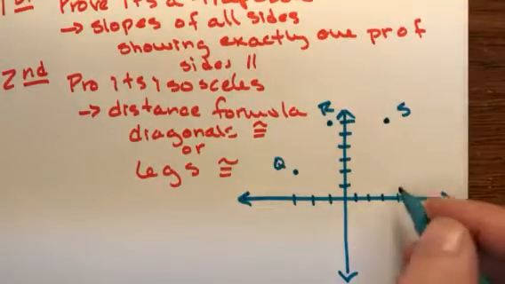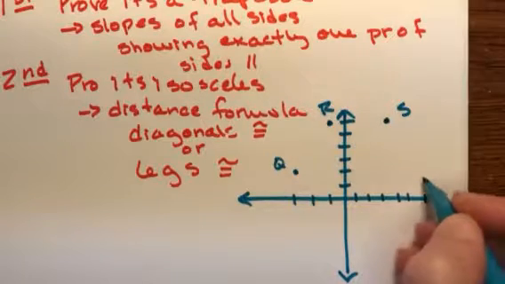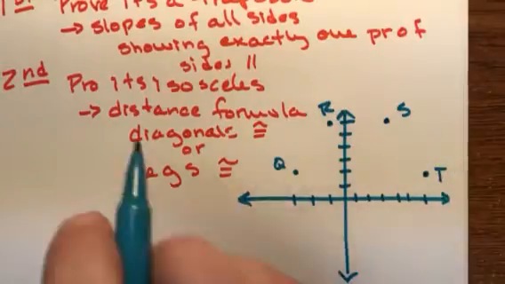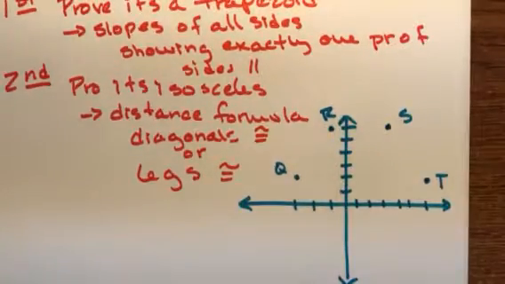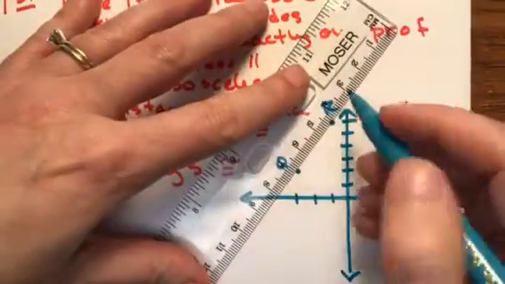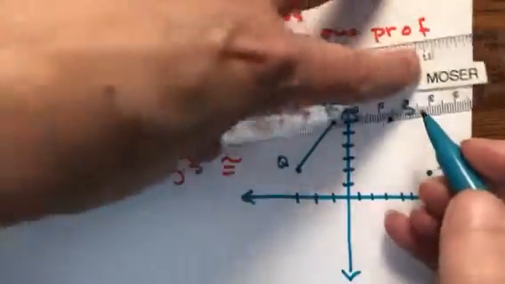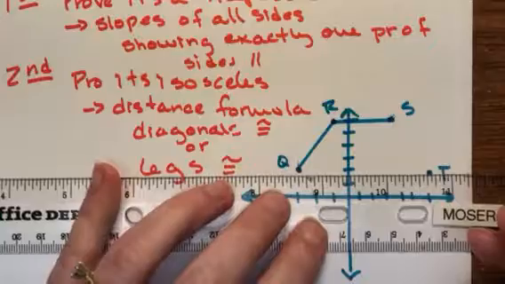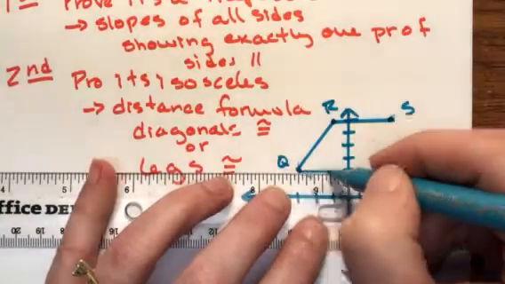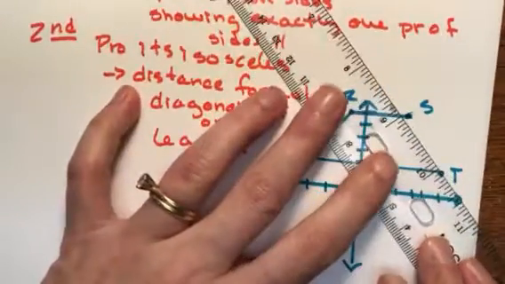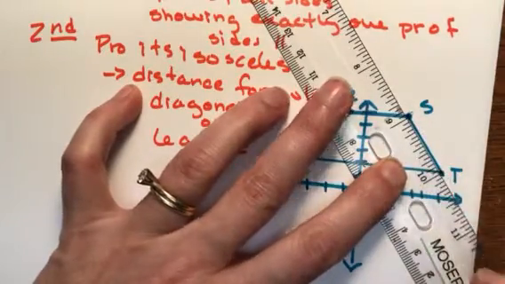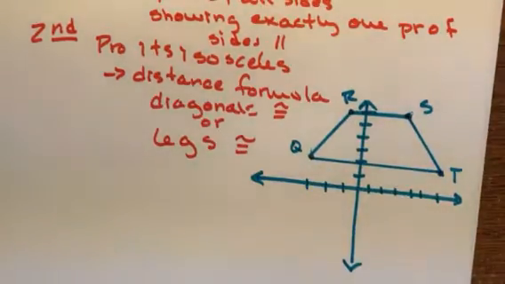And then I have T at 6, 2. I'm going to use my straight edge to connect these points. Okay, looks like a trapezoid.